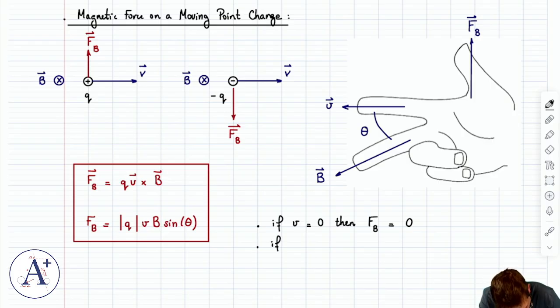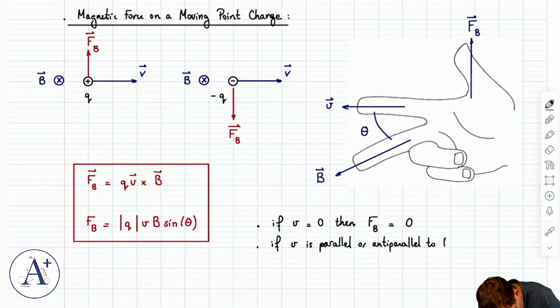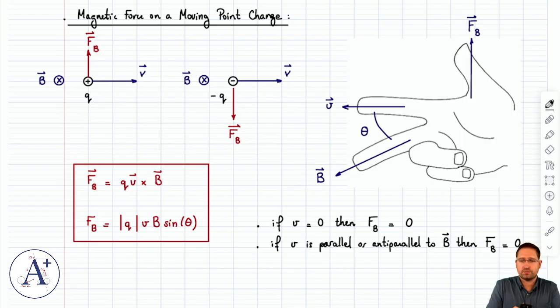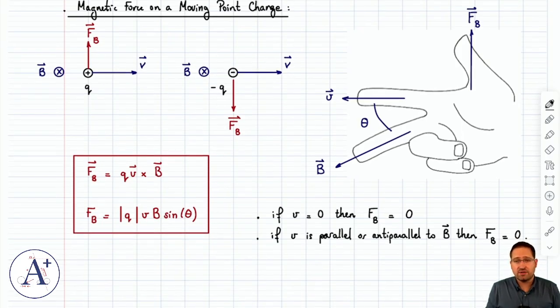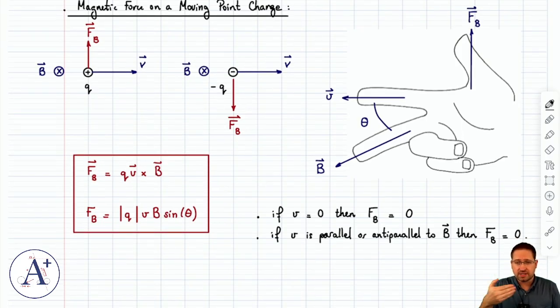Then if it is moving, but it's parallel or anti-parallel to B, then FB is equal to 0. So even though it's moving, if it moves in the direction of the magnetic field or exactly against it, no force acting on it. Okay?